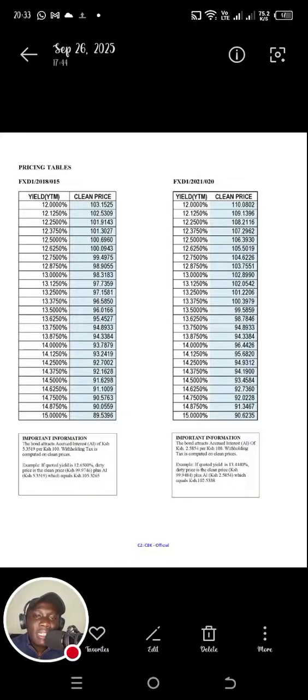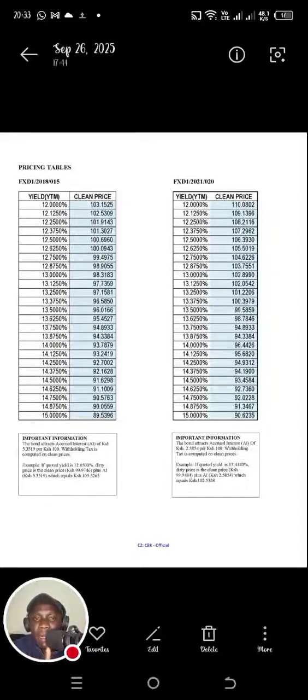So I'll have bought that bond above 100, and we call that buying a bond at a premium. But the technical terms are not so important. So as the yield goes down, the price goes up, and as the yield goes up, the price reduces.